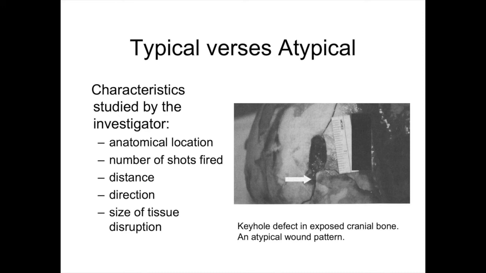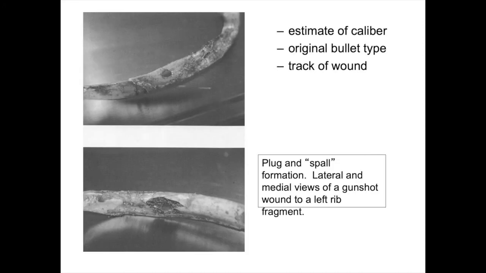But when you think about the contents within that thoracic cavity, within the rib cage itself, there's a lot of tissue in there, and there's a great deal of tissue disruption that occurs when a bullet enters and potentially exits that space as well. And so you want to take a very close look at that, and the autopsy will do that. Then you have the projectile itself, and that's where we want to estimate caliber.